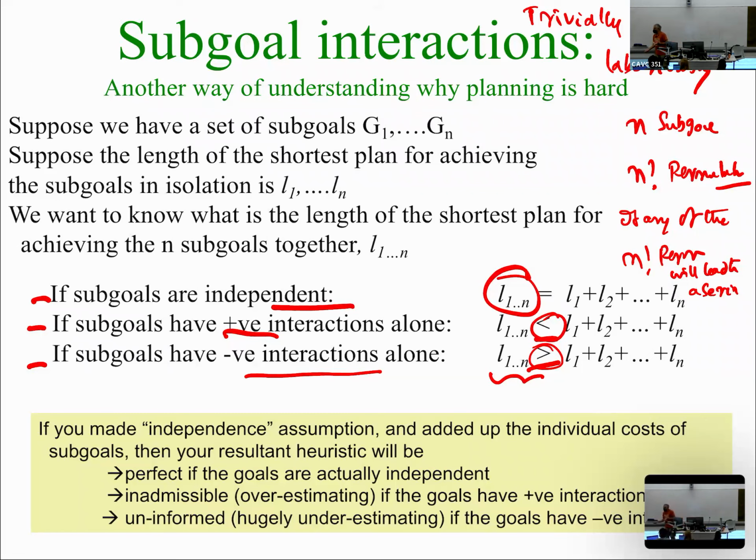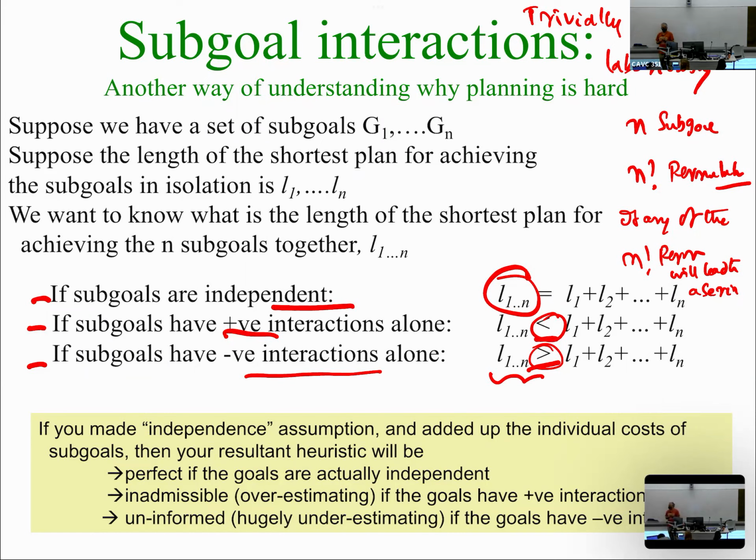And the way you relax is either to ignore negative interactions or ignore negative as well as positive interactions, and even more actually. It's not that plan space planning ignores negative interactions, but the heuristic for plan space planning may well be ignoring negative interactions, as does the relaxed plan heuristic.